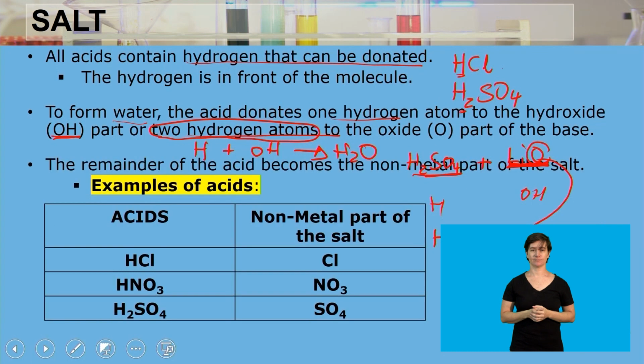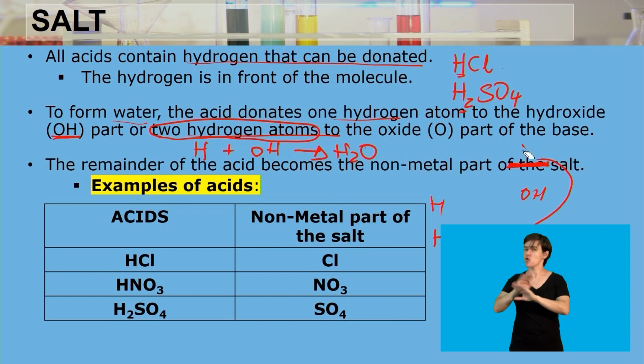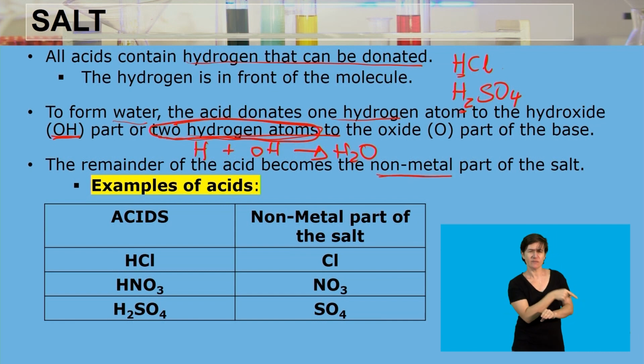Furthermore, we also need to know that the remainder of the acid becomes the non-metal part of the salt. So after the H or the two hydrogens were donated, depending on what is reacting, the remainder of that acid becomes the non-metal part of the salt.